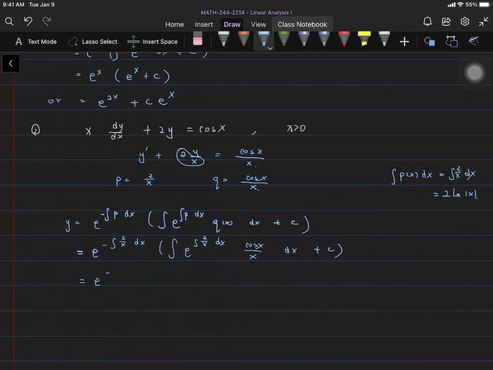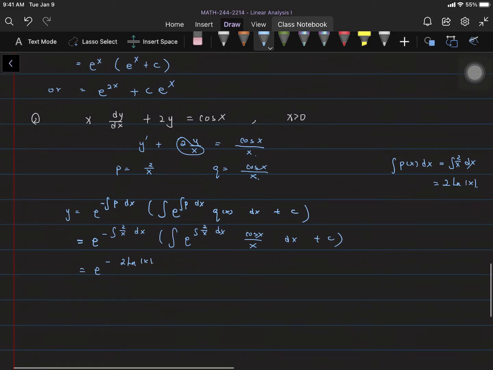e to the negative 2 natural log x, and because x is greater than 0, we don't have to put absolute value. It's just x, okay, greater than 0. And here, e to the 2 natural log x times cosine x over x dx plus c.